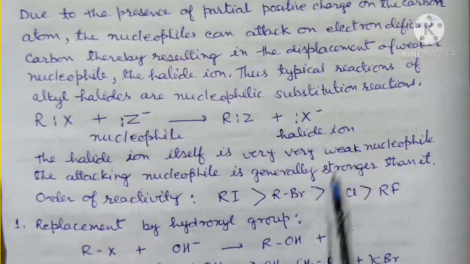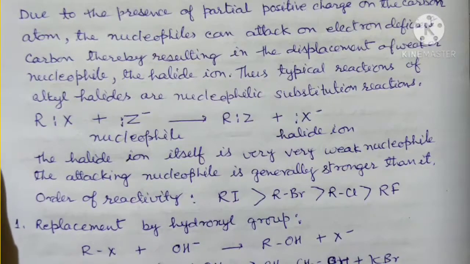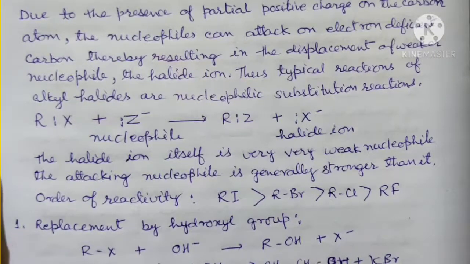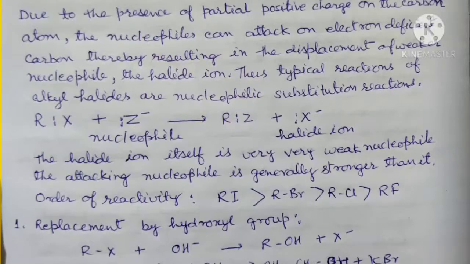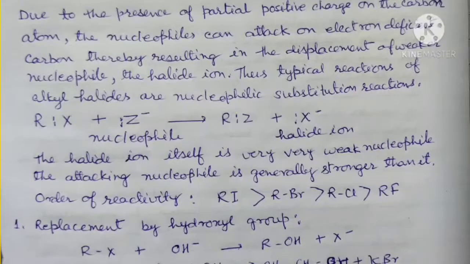It must be noted that halide ions are substituted only if the attacking nucleophile is stronger than it. Since the halide ion itself is a very weak nucleophile, the attacking nucleophile is generally stronger.